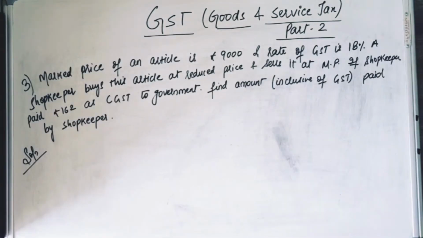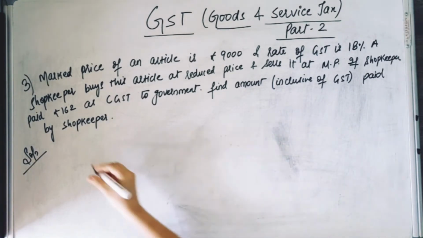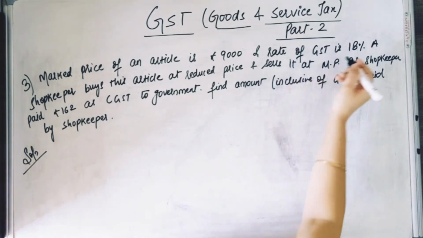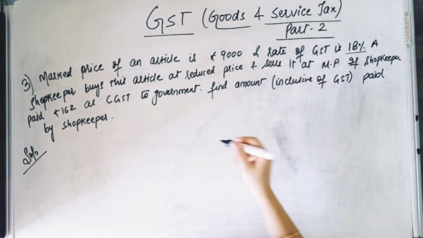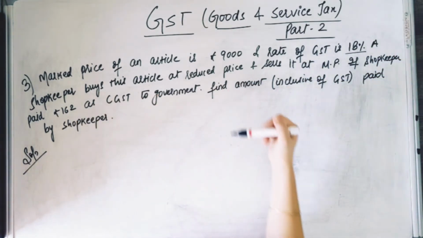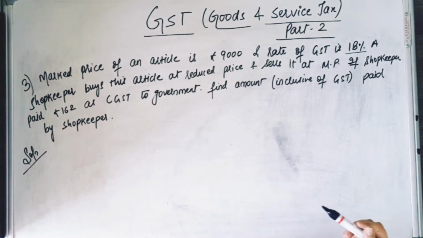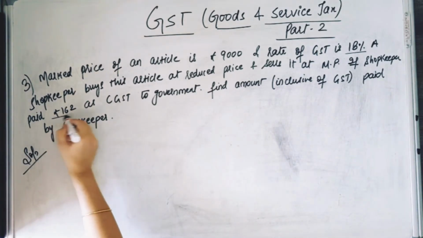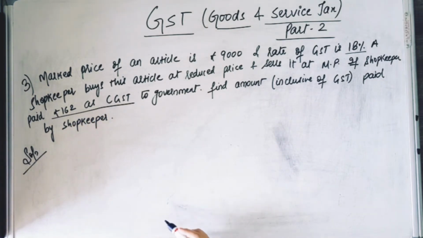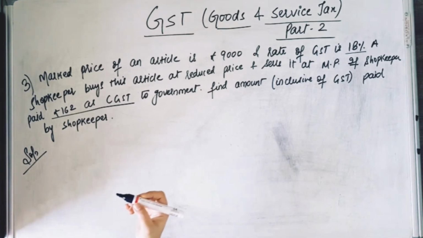See, now the question is, mark price of an article is 9,000 and rate of GST is 18%. Shopkeeper buys this article at reduced price and sells it at mark price. If shopkeeper paid 162 as CGST to government, find amount inclusive of GST paid by shopkeeper.